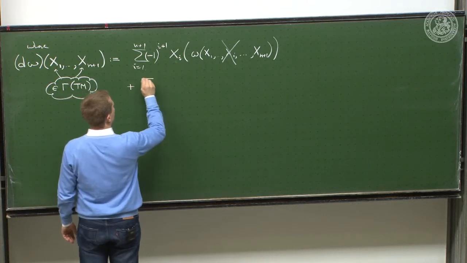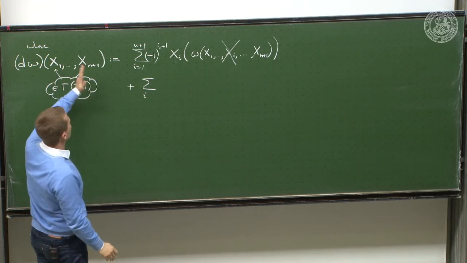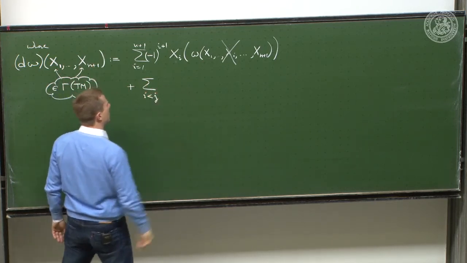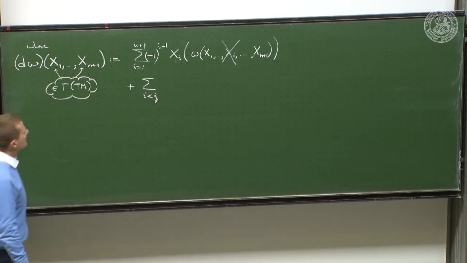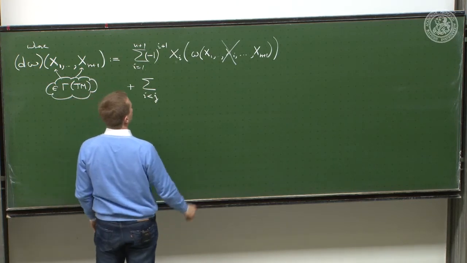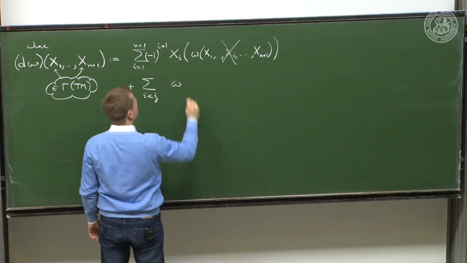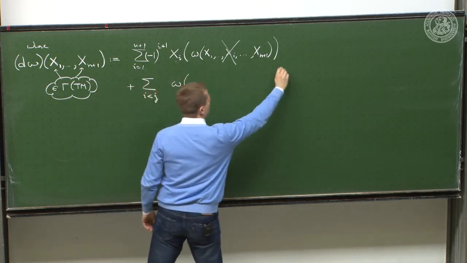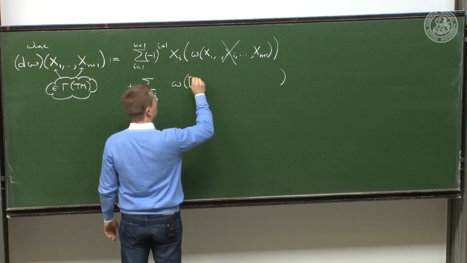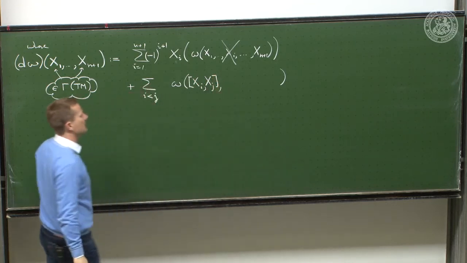And now there is a term that goes over pairs. Here I took individual ones, but now I take all the ordered pairs. So I take i less than j, and both of them run from 1 to n+1. And here I have the original omega, which can eat n vector fields, but the first entry I fill with the so-called commutator of two vector fields. I'll define that in a second.